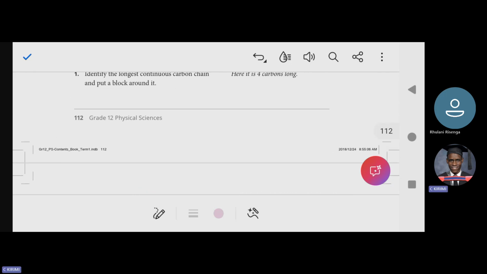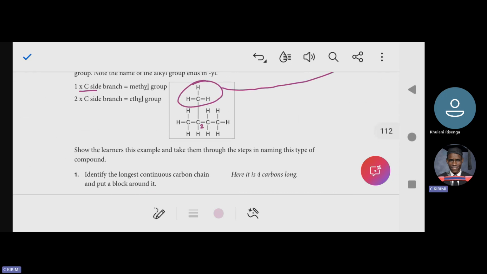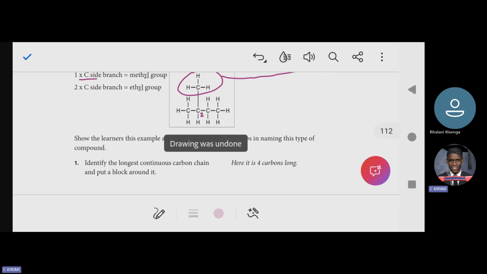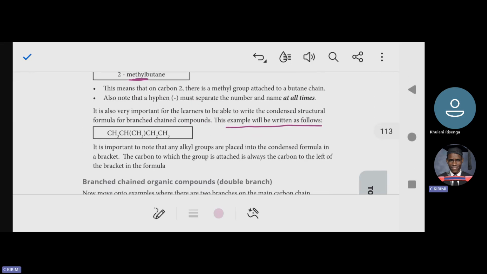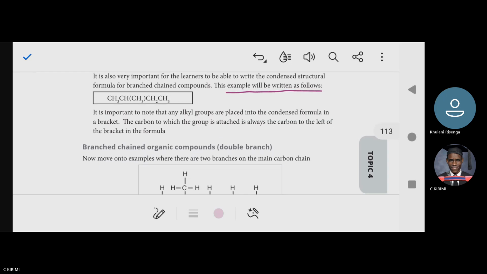So the CH is this branch, which is down here. The CH is this one. So you have indicated that CH with that branch. And then the other one, CH3, is for the methyl group. And then you continue your chain like that. Any question of the condensed structural formula?